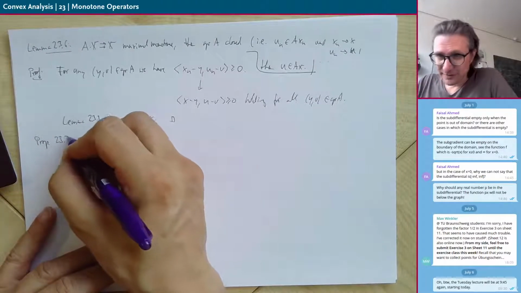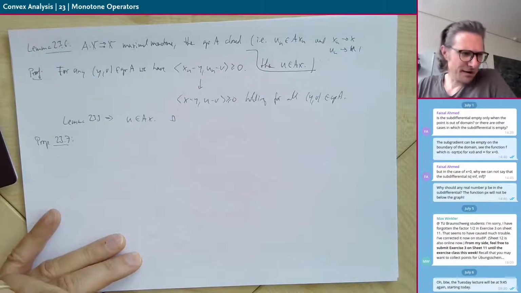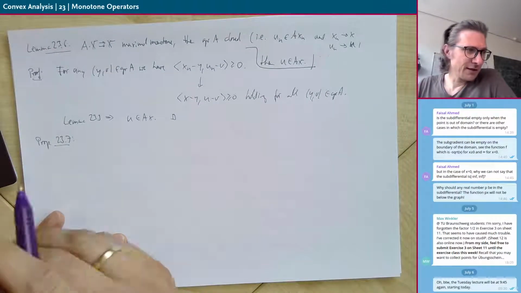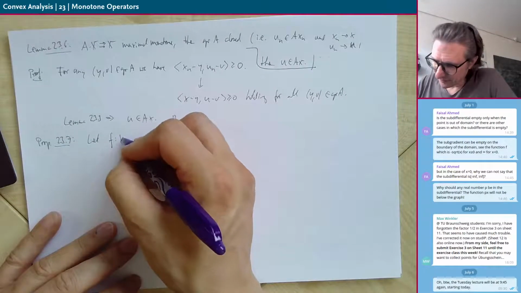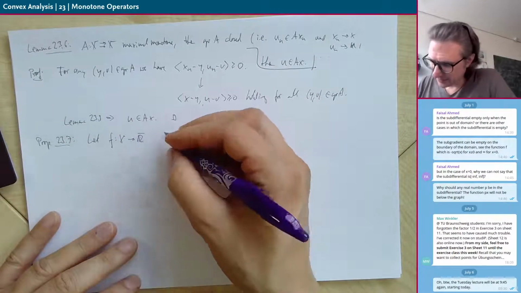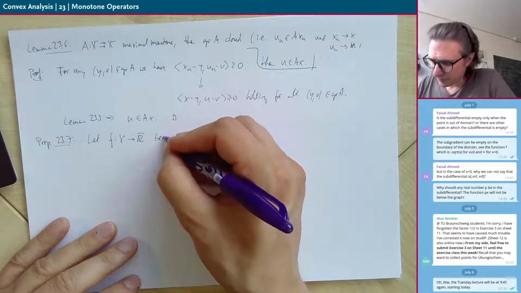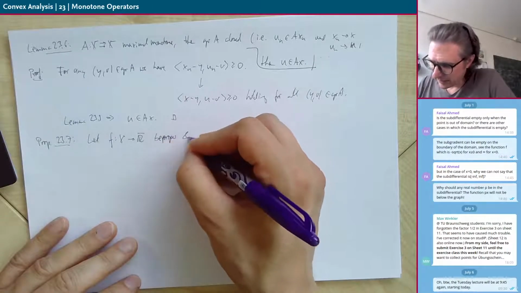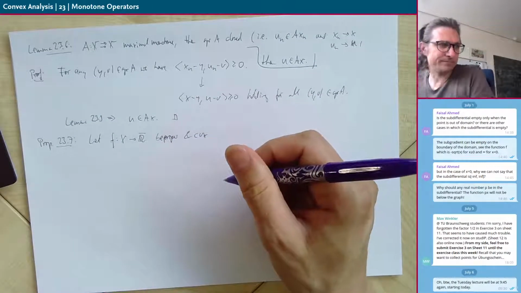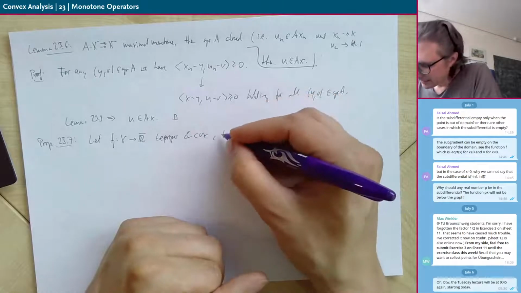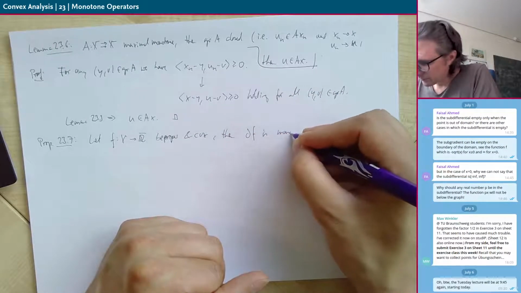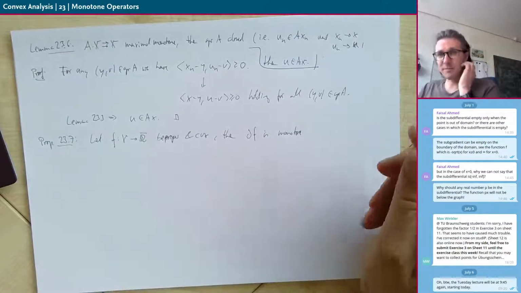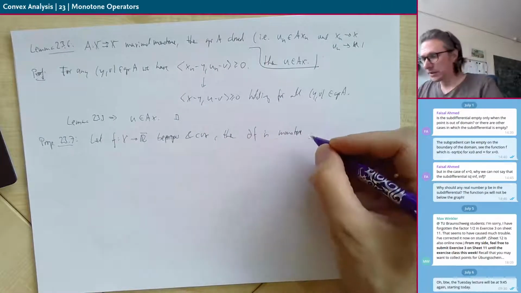Proposition 23.7. And I think we still have not enough material for 1.5 hours, but I guess that's fine. So let f from X to the extended reals be proper and convex, then the subgradient is monotone when we consider it as a set-valued map, and this is what we can do.